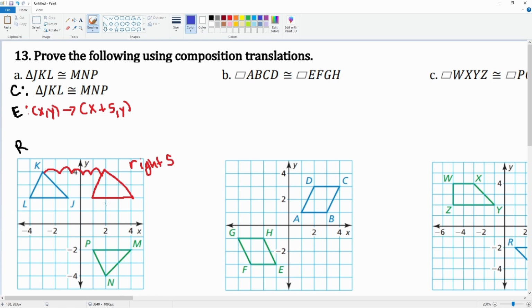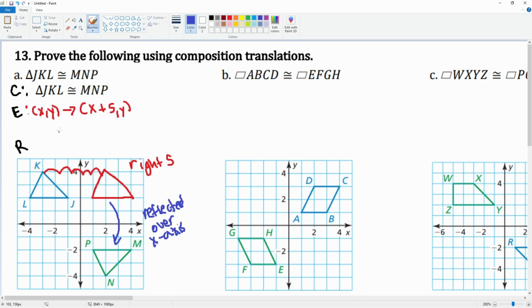Then it looks like it reflects over the x-axis. Here we need to just write the rule for the reflection.